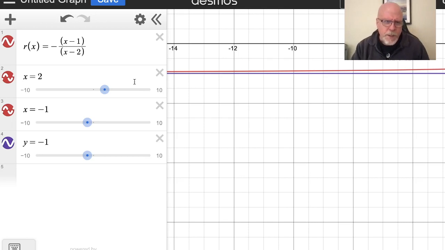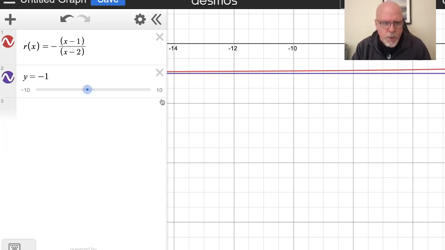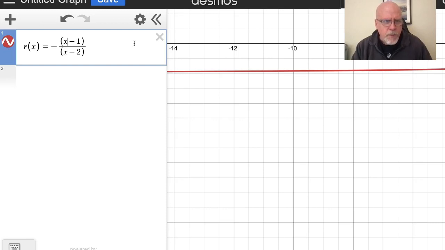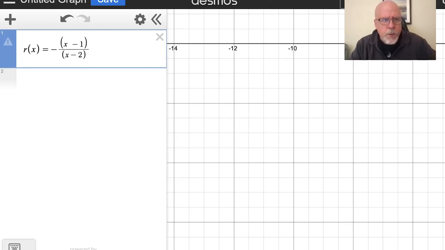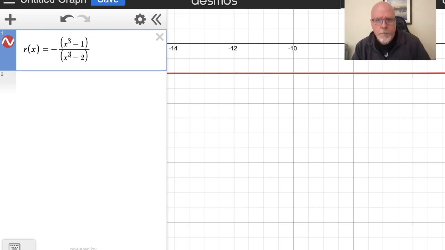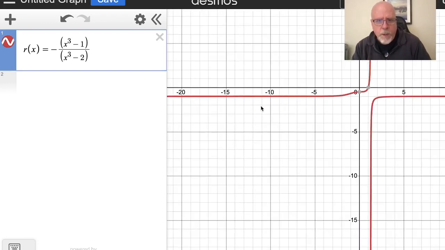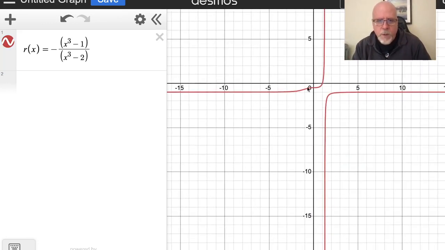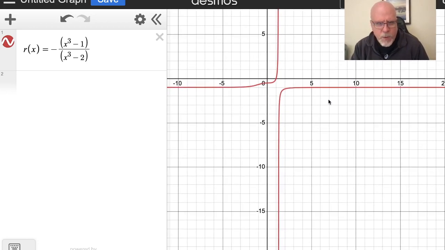So yeah, let's move on to a new example. How about if we had x to the third minus 1 and x to the third minus 2? I don't know what kind of behavior that's going to have. Okay, there's some funny business going on here around values near x equals 0. But when we get far away from where that asymptote is and where there's a little wiggle in the graph, what happens to the value of this thing?